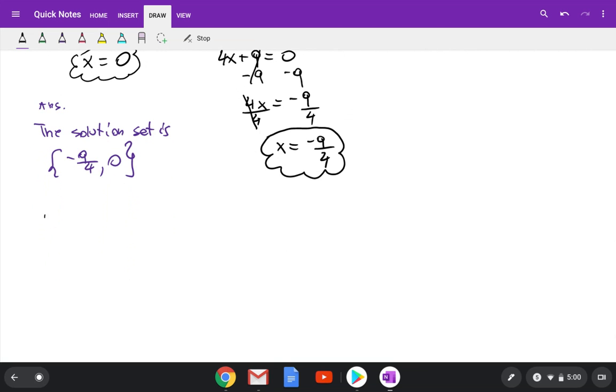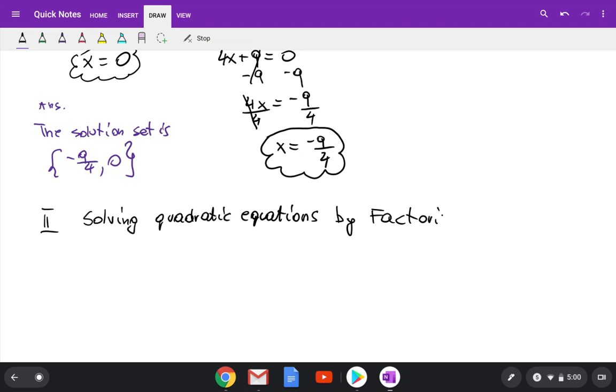Now let's talk about the second method of solving quadratic equations. Solving quadratic equations by factoring. So here we're going back to what we just learned in previous sections.